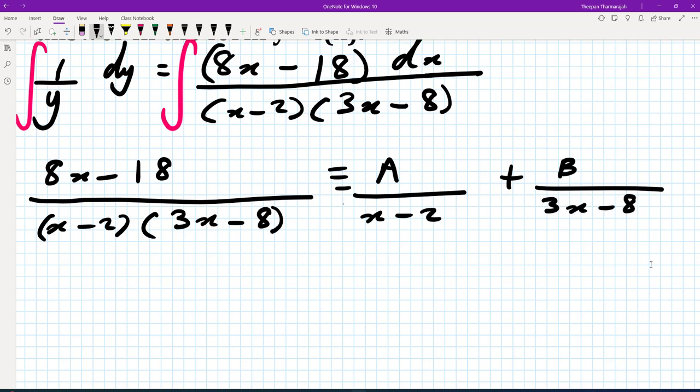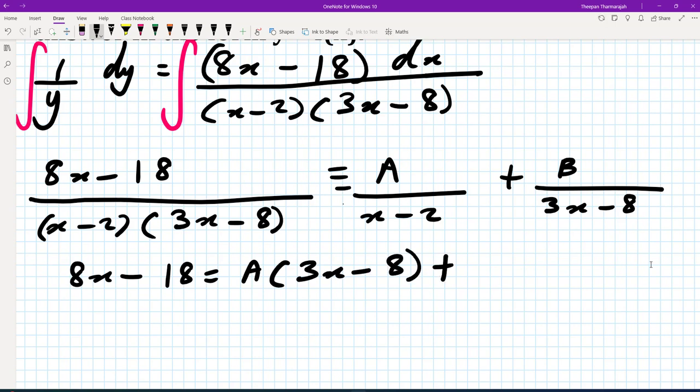So from partial fractions we can say that 8x minus 18 is a times 3x minus 8 plus b times x minus 2.